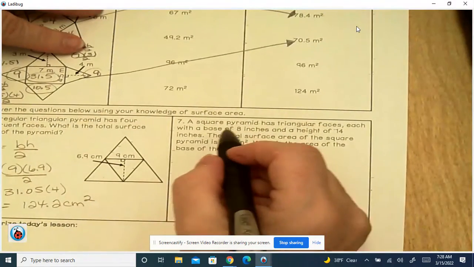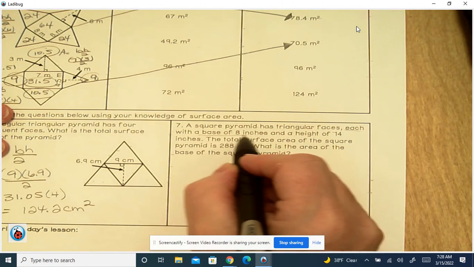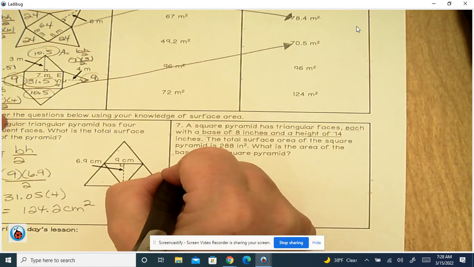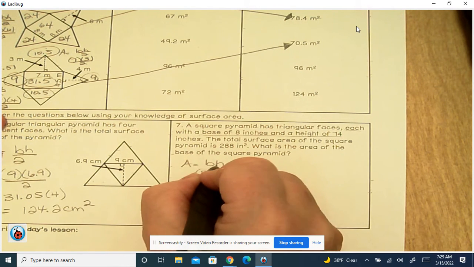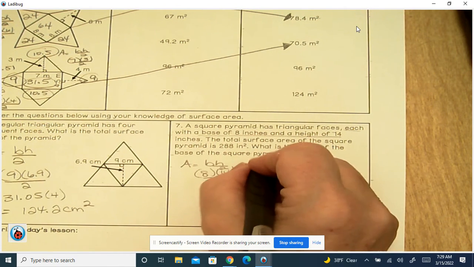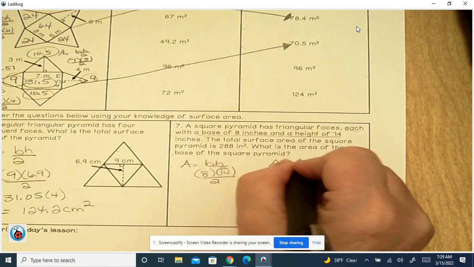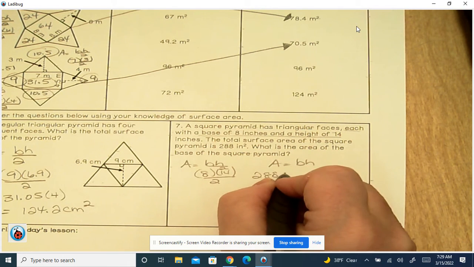And the last one, a square pyramid has triangular faces. Each face, so they're the same, a base of 8 and a height of 14. So area equals the base times height. We have 8 times 14 divided by 2. And then it tells us the area is 288. So we're going to put that where area is at.